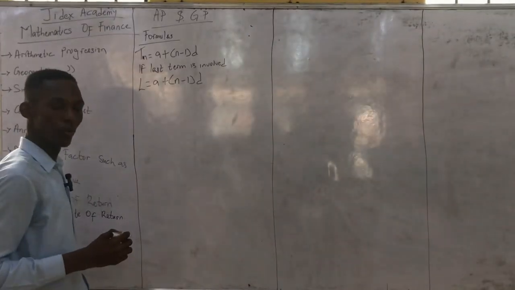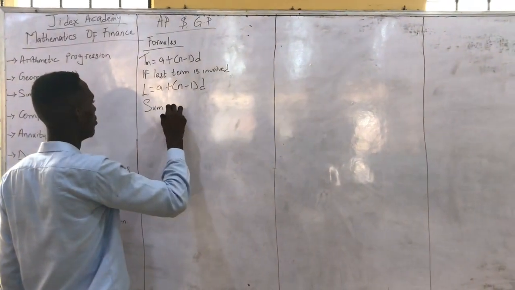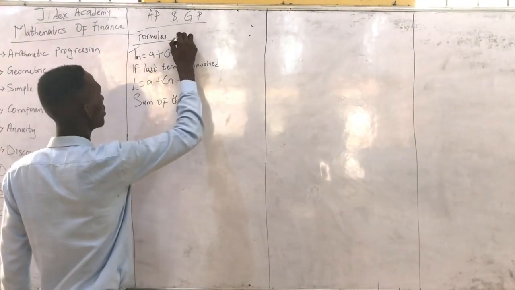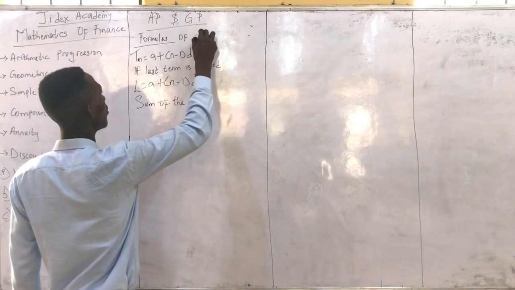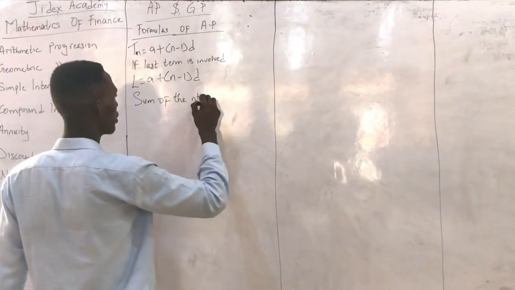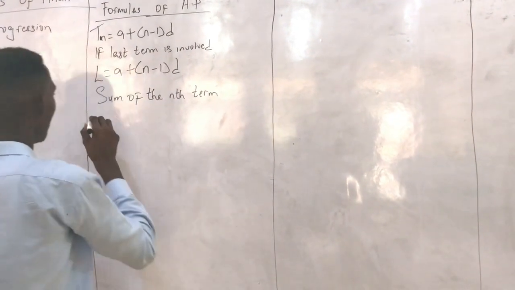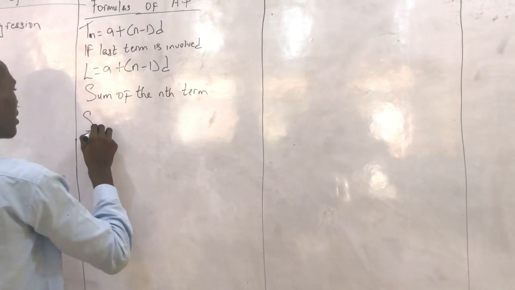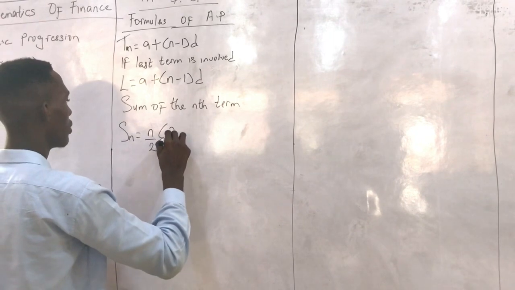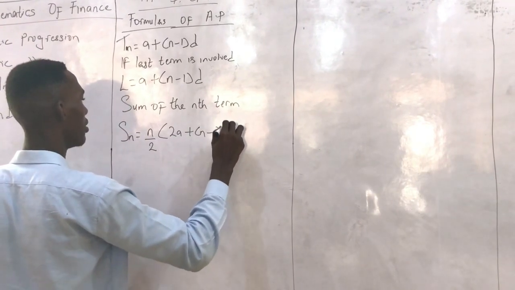But you can have to look for the sum of the nth terms. Formulas for AP. Sum of the nth term: Sn equals n over 2 open bracket 2a plus open bracket n minus 1 close bracket d close bracket.